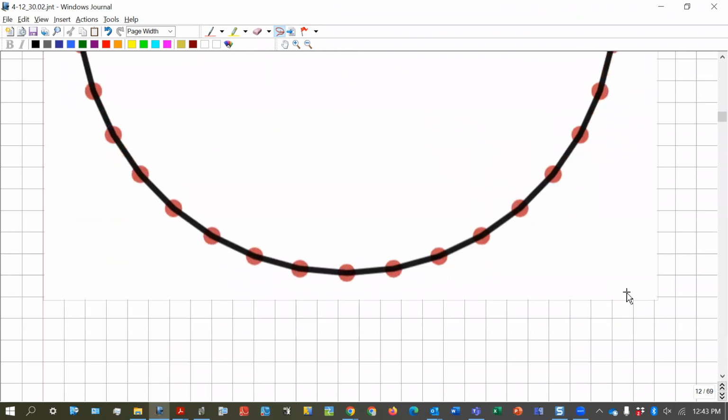So even if I were to take this line segment and extend it, what we're saying is that this angle is 170 degrees and this angle is 10 degrees.